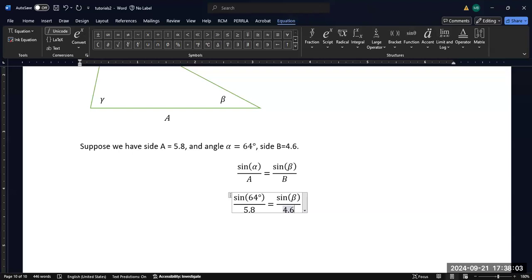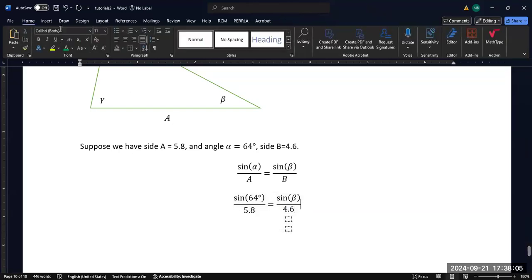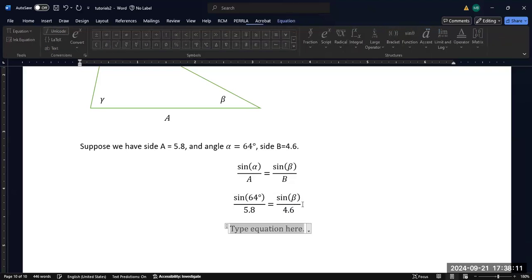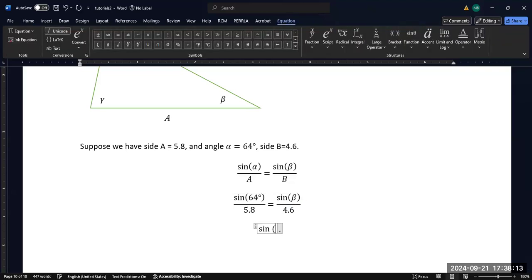Now, what this means is that I can solve for sine B. So sine of 64 degrees times 4.6 divided by 5.8 is equal to sine beta.